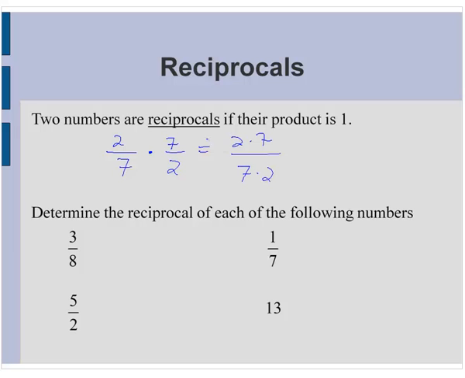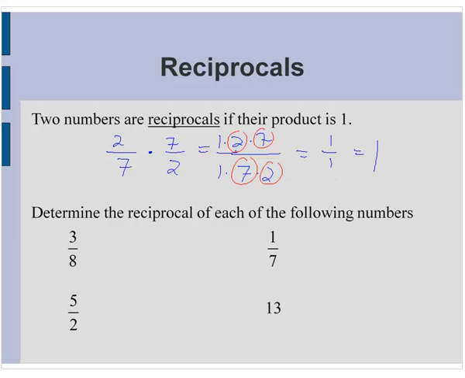Removing common factors, and remembering that I can always have a 1 in the numerator or denominator, that leaves 1 over 1, which is 1. 2/7 and 7/2 are reciprocals because their product is 1.